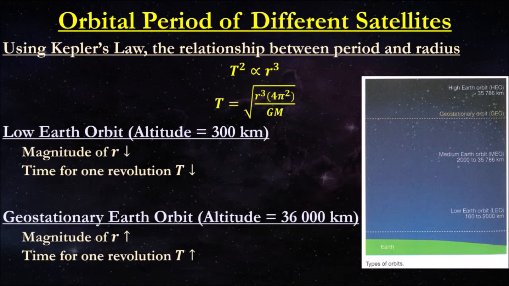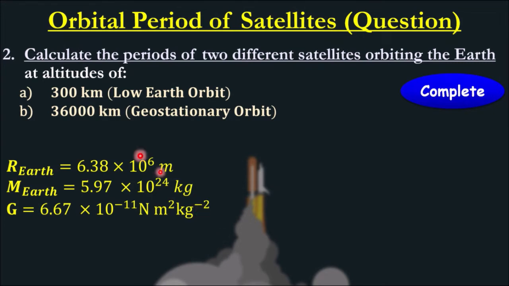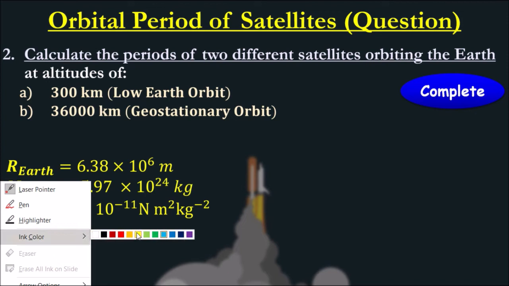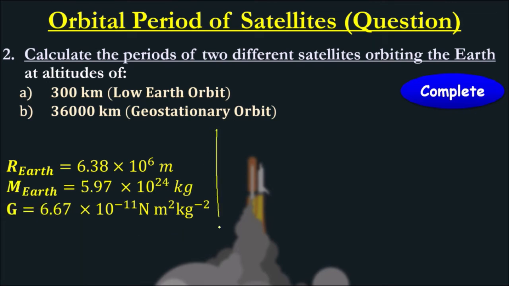Okay, so question 2. Now try and calculate what the difference in the periods of the two orbits would be. Okay, this time hopefully I'll have enough space for myself. So set out your equation. We are using Kepler's third law of planetary motion, and you can write it like so.